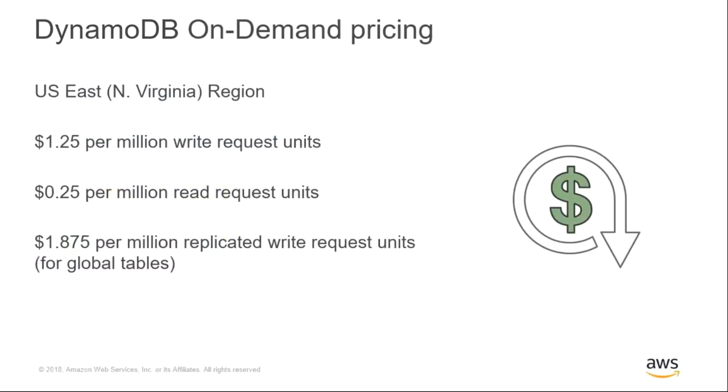In terms of pricing, it's priced differently from what you are used to with DynamoDB. Pricing is by requests, so the way you pay is by the number of read and write requests that you make to your DynamoDB database. You pay per million of those requests. As you can see in these examples, again from the US East region, you would pay a certain price for 1 million write requests and a certain price for 1 million read requests.